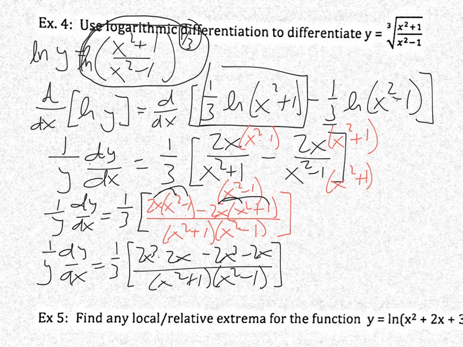And then you notice that the 2x cubed and 2x cubed cancel up here. That's nice. Alright, so I get 1 over y dy/dx equals 1/3, and in here, combine the negative 2x, you get negative 4x over x squared plus 1, x squared minus 1.